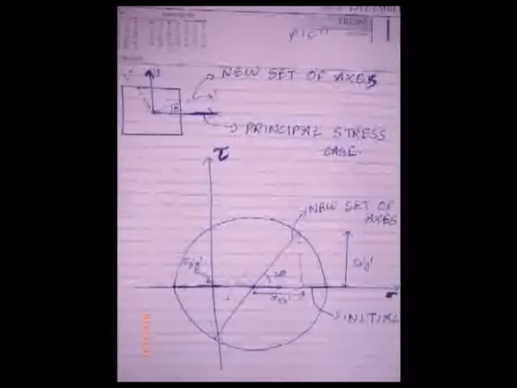But when we are using the Mohr circle as given here, we have our coordinate axes aligned like this, and then we have a new set of axes which we obtain by rotating the present set of axes by an angle theta in the anti-clockwise direction.